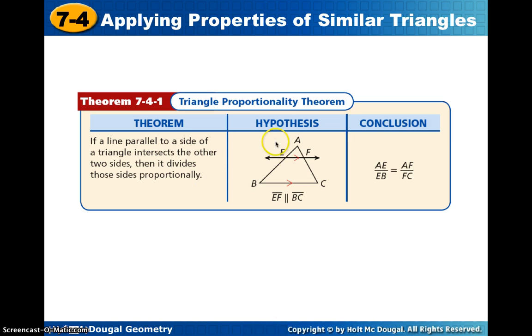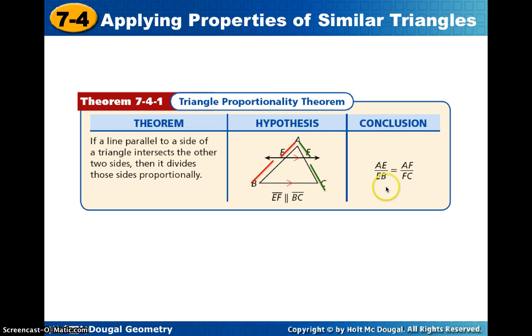What that means is the pieces of the sides that are cut here are proportional. We can make a proportion out of them. We can take these pieces, like the red piece over this red piece equals this green piece over this green piece. And that's what they're saying right here. We can break it down like that.